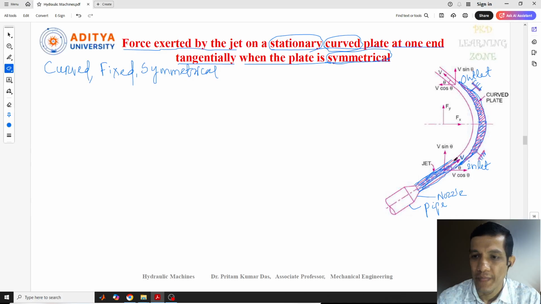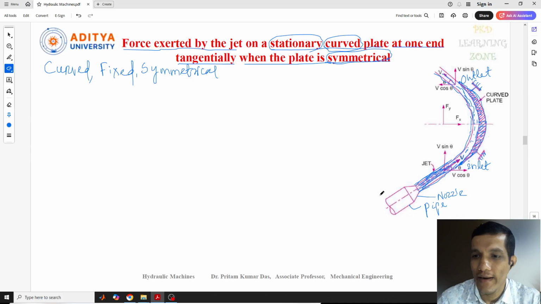This is the flow of the jet of fluid over the plate, and it comes out from the outlet here. This curved line is given for the movement of the fluid which is coming out from here.